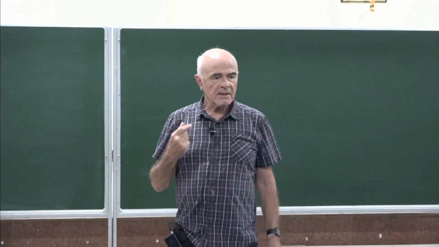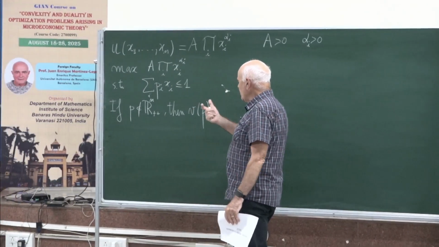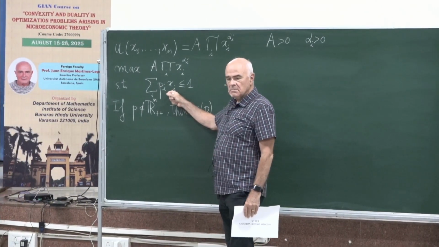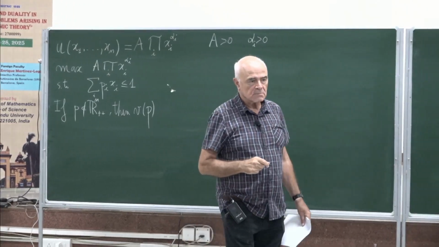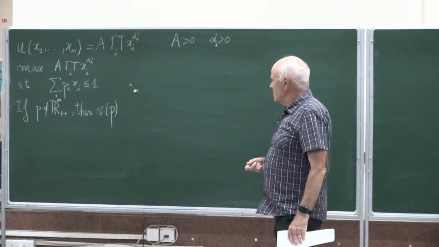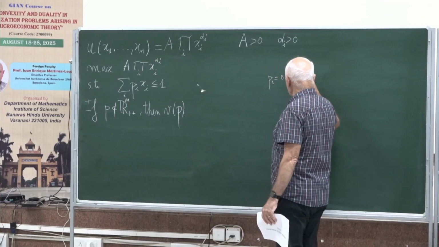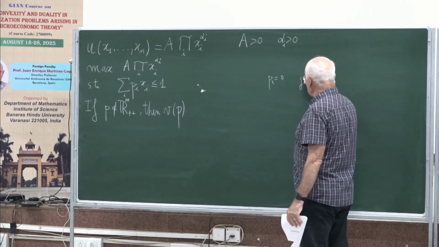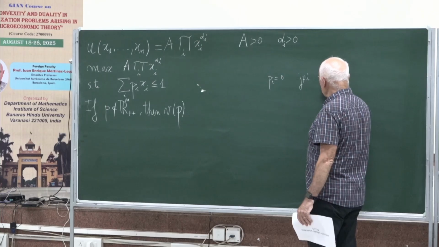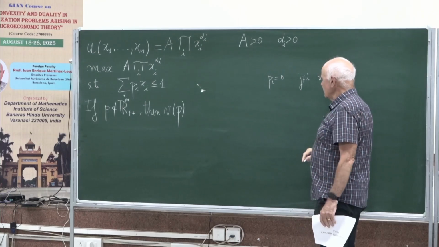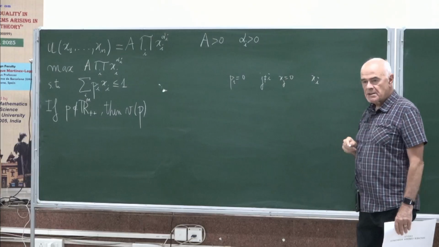So if some pi is equal to 0, then for the remaining i's you can take some amount of xj which satisfies the constraint, just a small amount. I mean, even 0. Okay, so suppose pi is 0. Then for j different from i, you take xj equals 0 and xi arbitrary, any xi.